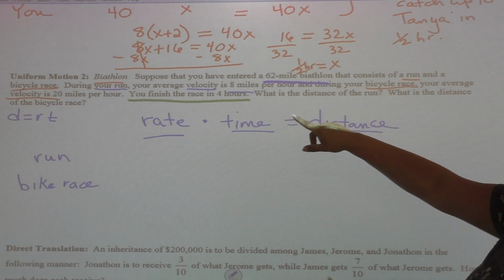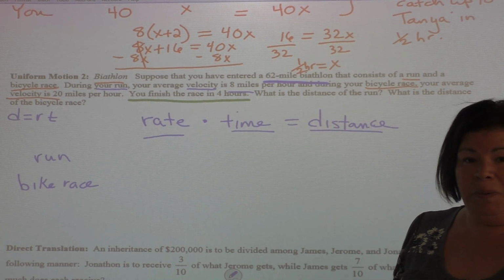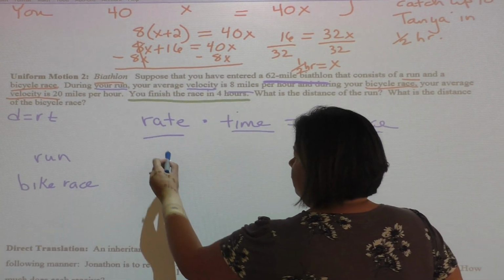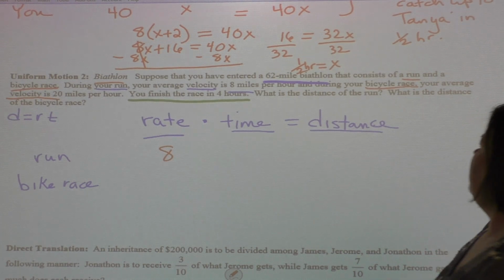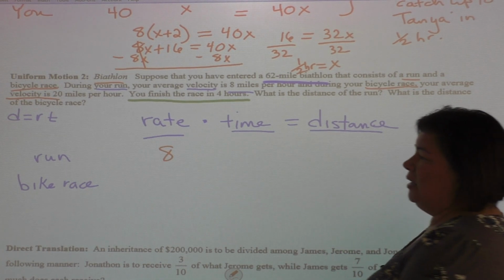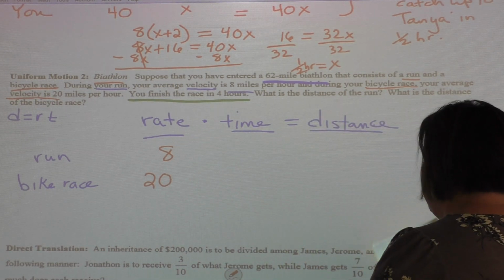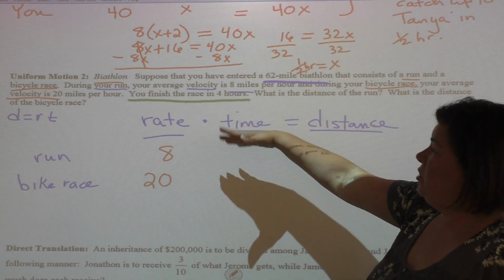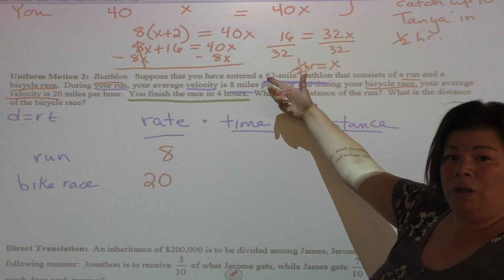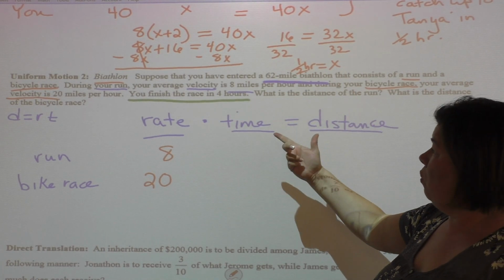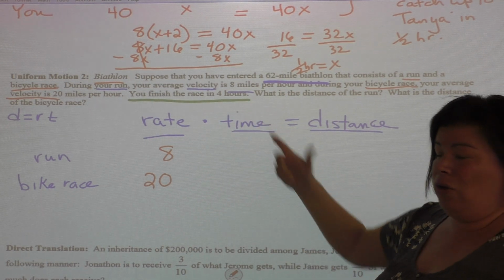Our run, our velocity or our speed or our rate, is 8 miles per hour. In our bicycle race, our velocity is 20 miles per hour. What we do know here is the total amount of distance that the biathlon is, and the total amount the race is as a whole.